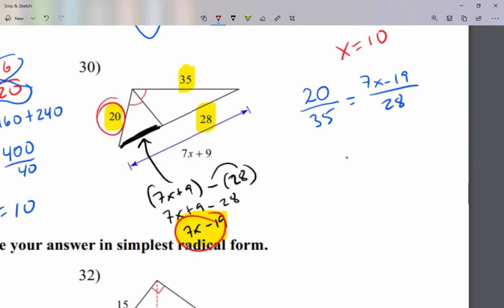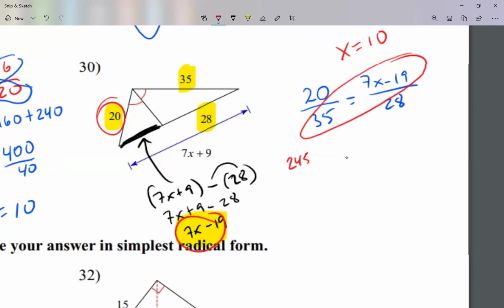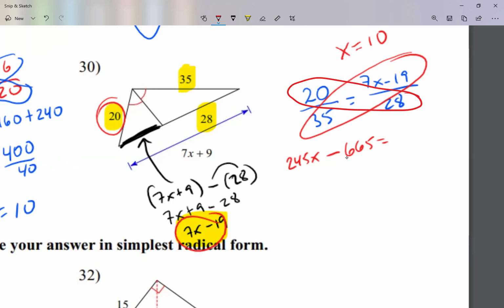I'm going to cross multiply. Because of the minus sign, I'm going to go 35 times 7x and then 35 times 19. I know 35 times 7x, that's 245x minus 35 times 19, I know it's 665. And this is equal to 20 times 28. And I know that's 560.